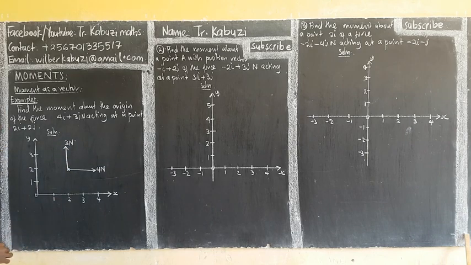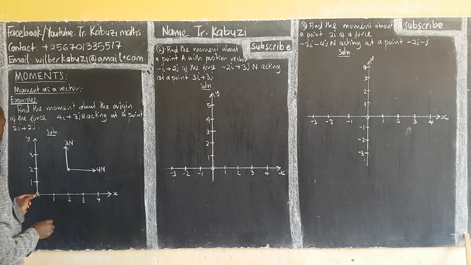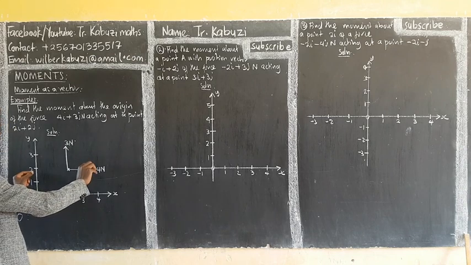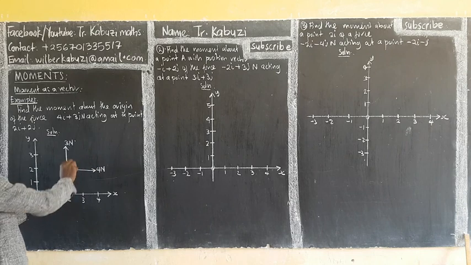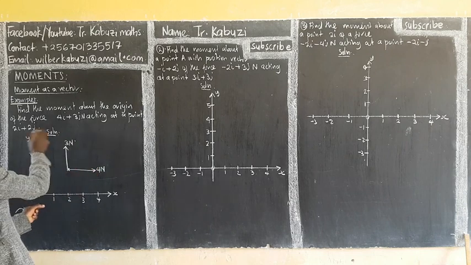Now we need to take moments. They're telling us this time we are taking moments about the origin. So this is our origin. Moments about the origin, I'm going to take them clockwise. Why clockwise? Because from here, when I am at this point, I can take this force like this, or like this.